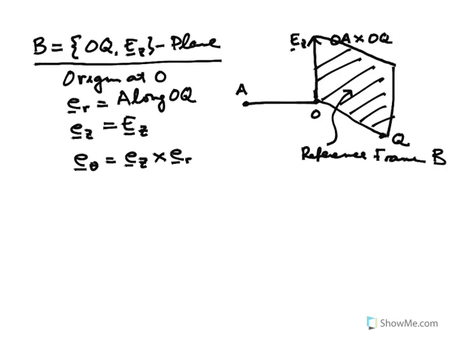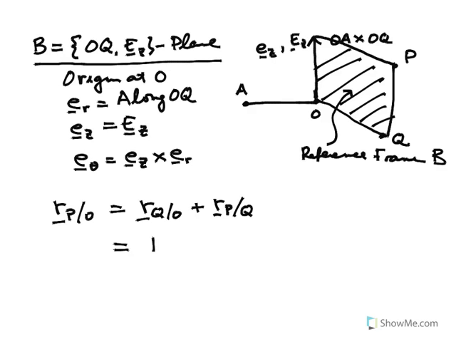The position of point P relative to O, if you look at the original diagram, since P is this point up here, is the position of Q relative to O plus the position of P relative to Q. And now EZ is also equal to little ez.